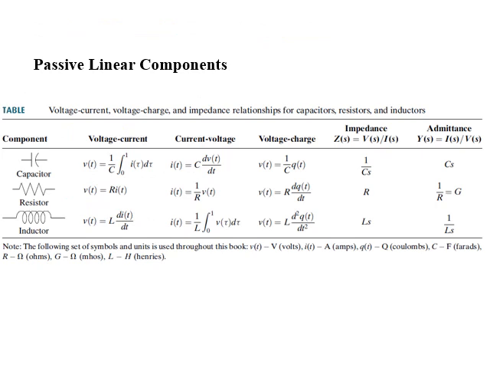Before starting electrical networks associated with passive linear components, let us study what these passive linear components are. These components include capacitor, resistor, and inductor. If you look at the table, the first column specifies the voltage-current relation for capacitor, resistor, and inductor.